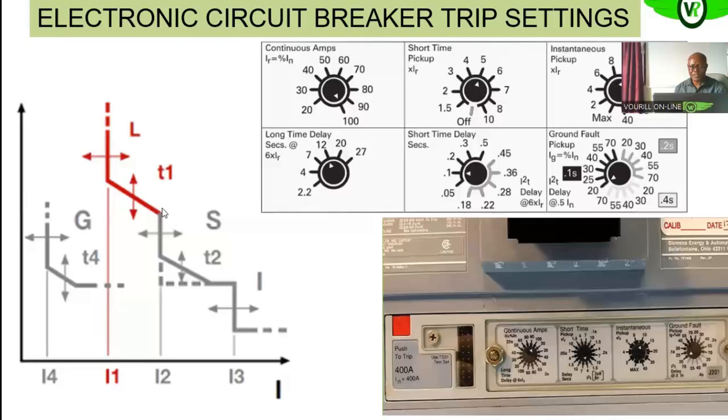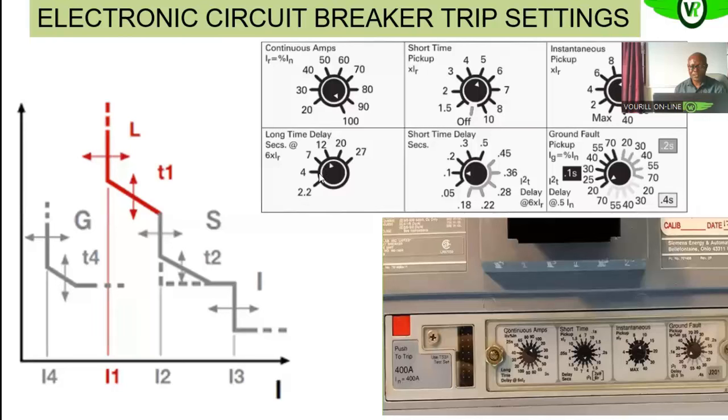The circuit breaker will delay for the amount of time you set here if it sees 6 times the continuous amp rating. So assuming we took 50% of 1,000, which is about 500 amps, it means that if this breaker sees 6 times that 500, which is about 3,000 amps, the long time delay will set in. Then when it sets in, it depends on the time in seconds that you set your long time delay.